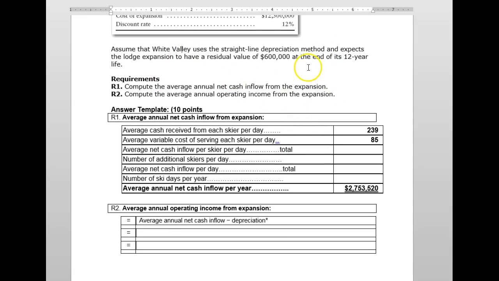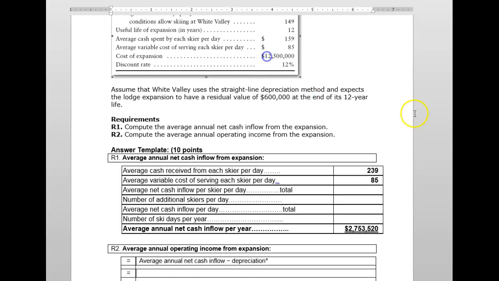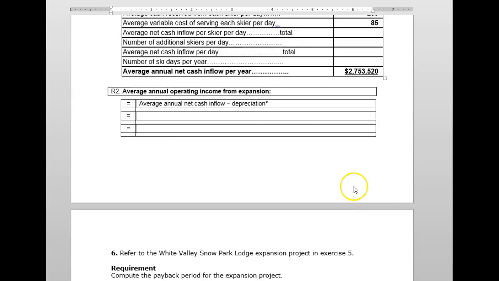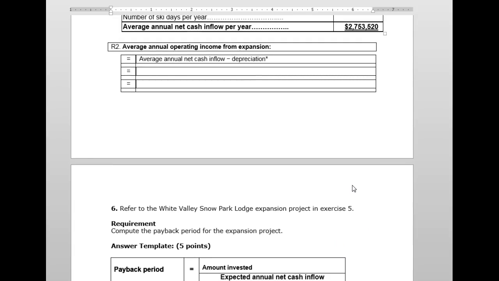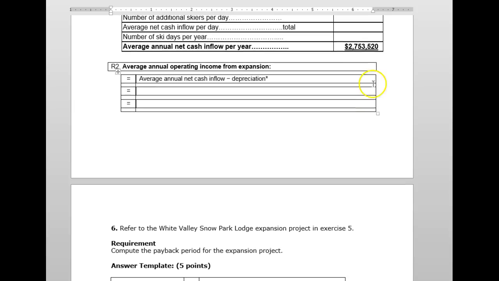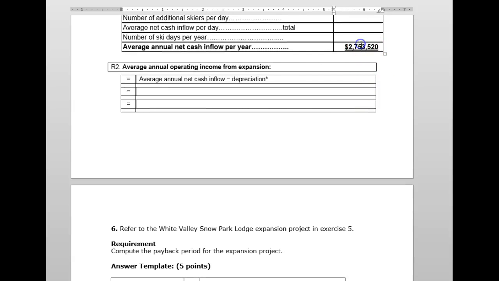You're just going to depreciate out that 12,500 minus the salvage and divide it by 12 years to get your depreciation, which is going to kind of give you an idea of the income that will be coming in on the income statement. And this will be your actual cash flow inflow.